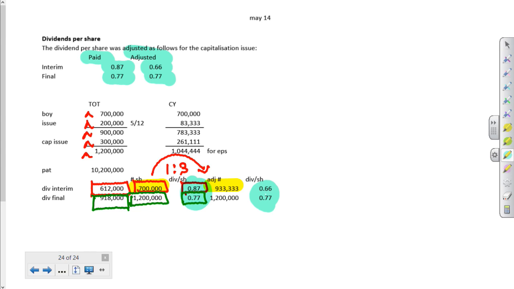But it doesn't get any better than that, right? Remember I said to you it's a very cruel section of work, this earnings per share. I was having a look at some of the past exam papers. Let me see if this one is one that's got a whole lot. October 12, it was 17 marks.